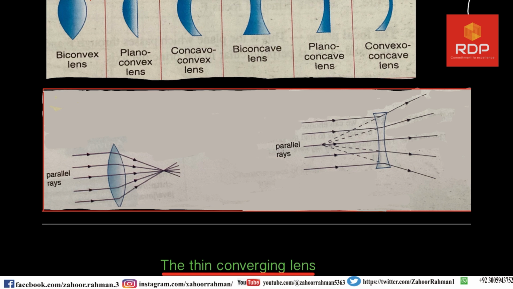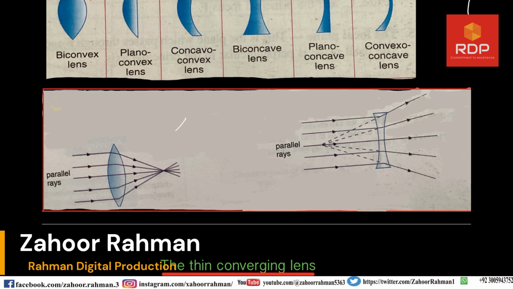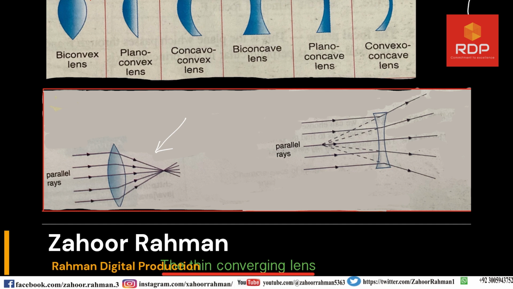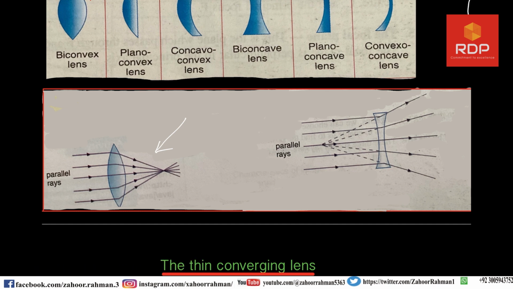This is shown in this figure, the first one at the left. You can see that if a parallel beam of rays is passing through the convex lens, then they will be converging at a single point, that is called the focus point.